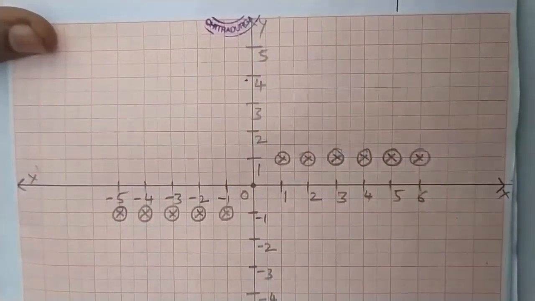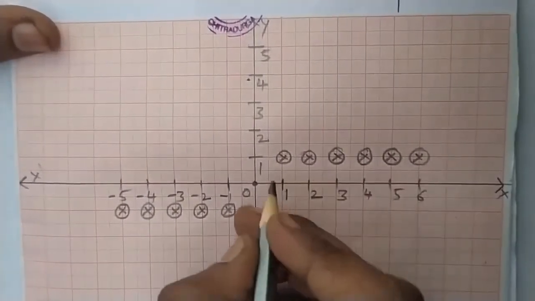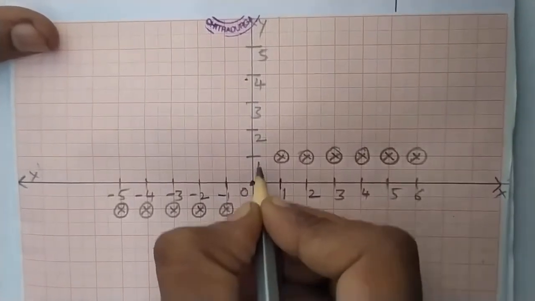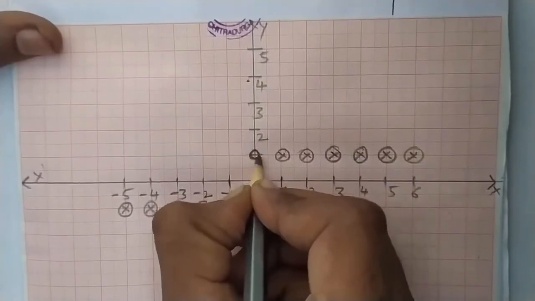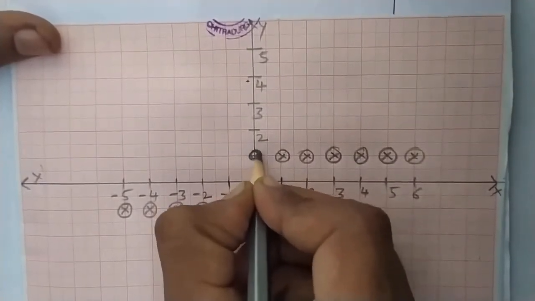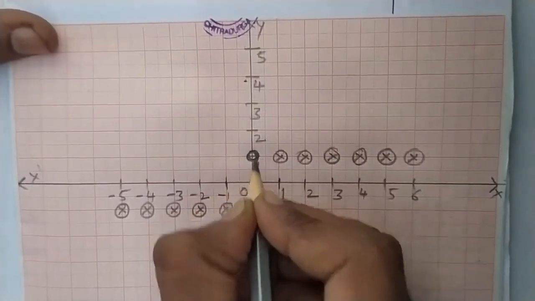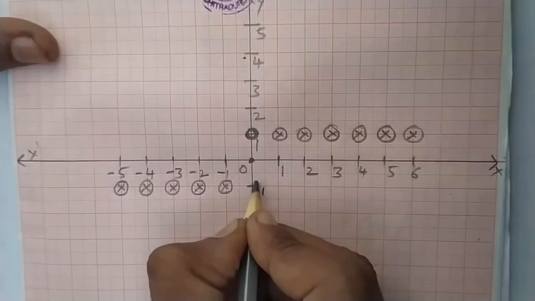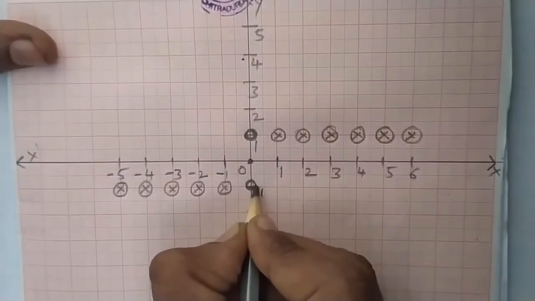Here we are going to join these points. Before that, if x equals 0, then y is also 0. Here 1 is excluded. You should represent this symbol properly. Similarly here also, if x equals 0, then minus 1 is excluded.